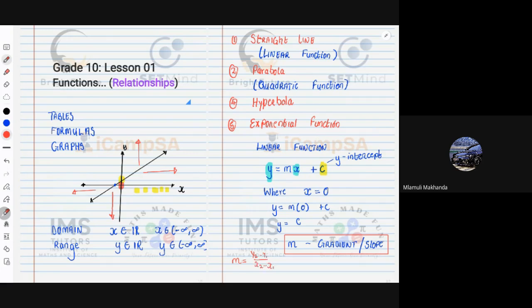This is the way that we find our gradient. So y2 and y1 simply represent our coordinates, and we also need a coordinate. Maybe let's say we have coordinate a here, which will be our x, let's say 6 and 8. We need a gradient and a coordinate. Then we can plot our function. If we have two coordinates, it's even better.